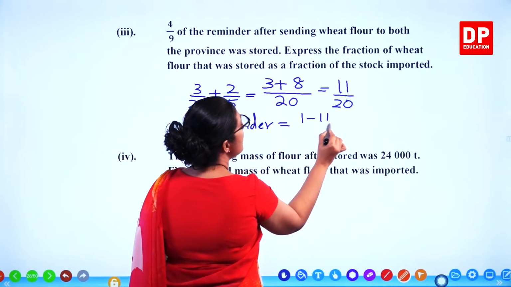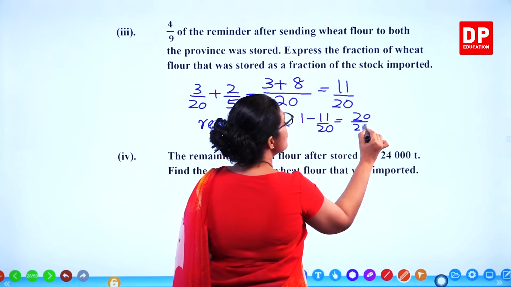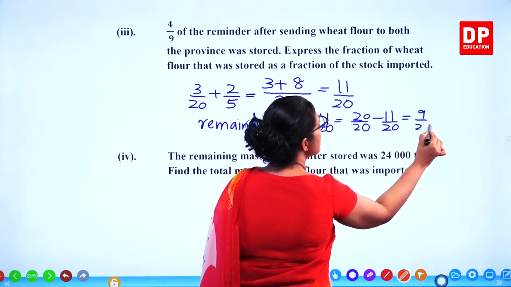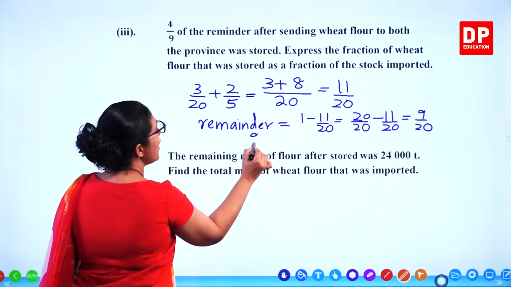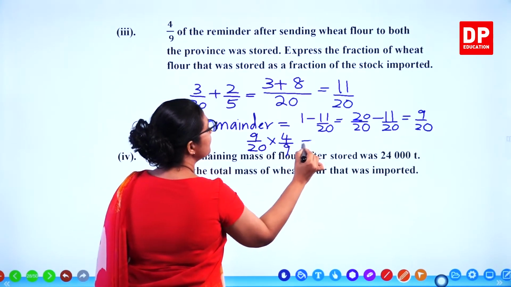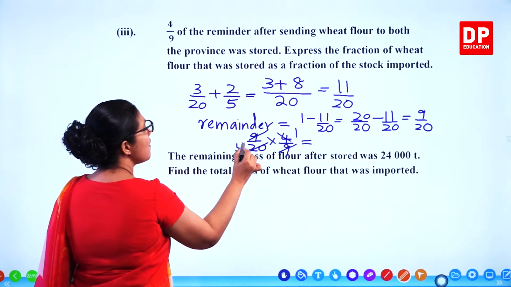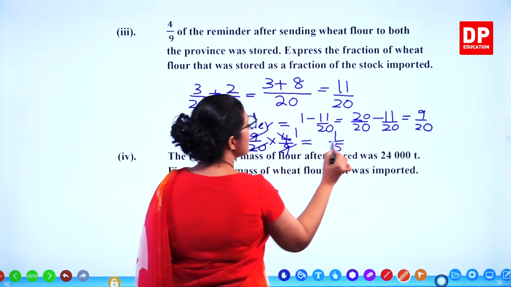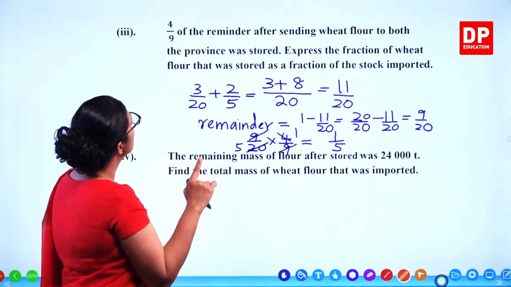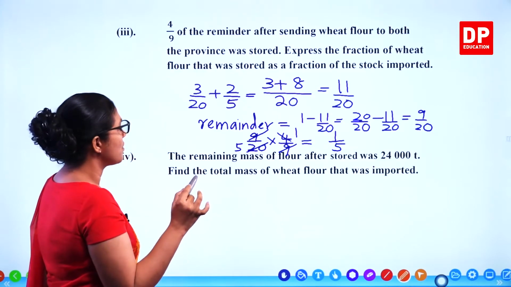One minus 11 over 20: 20 over 20 minus 11 over 20, that's 9 over 20. So 4/9 of 9 over 20: the 9s cancel out, 4 times 5 gives 1/5. So 1/5 is stored from the full amount.